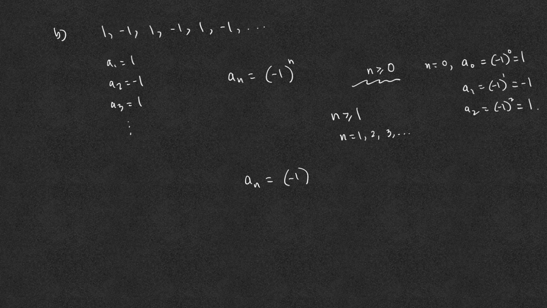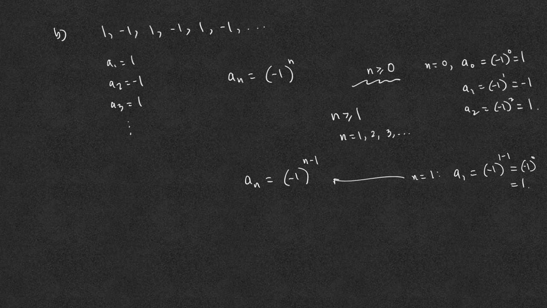So instead of using n as the power, we would use n minus 1. And we see that with this formula, when n equals 1, a sub 1 is (-1) to the power 1 minus 1, which is (-1) to the 0 power, or +1.